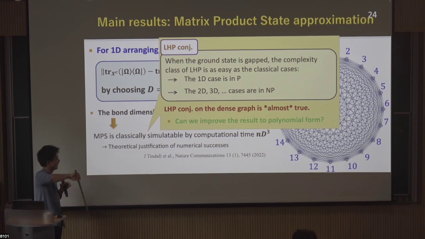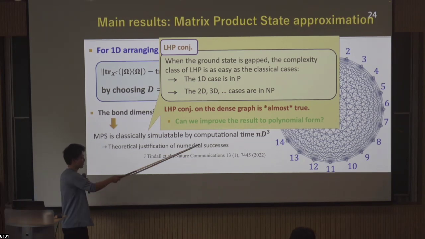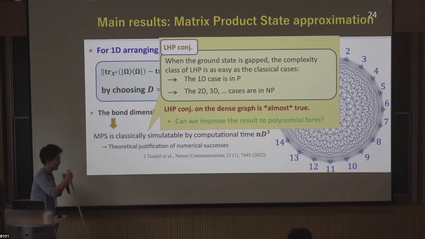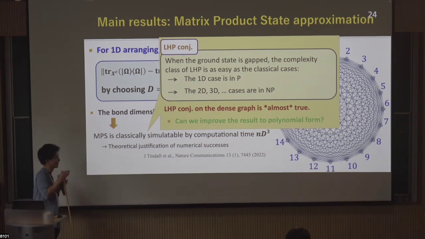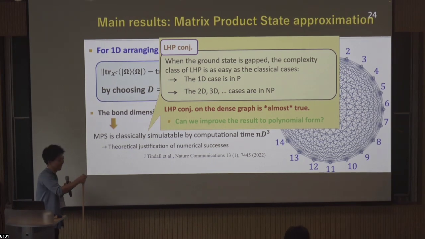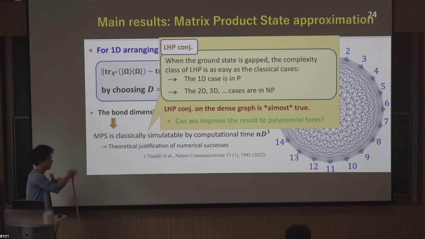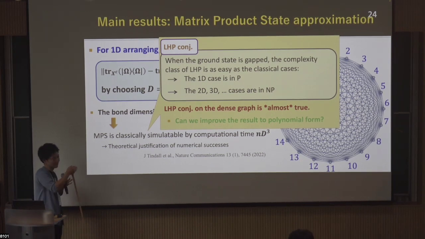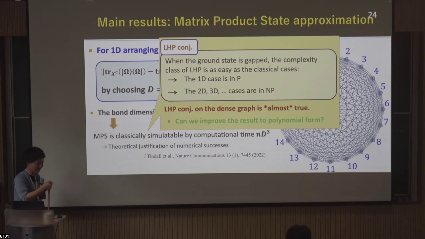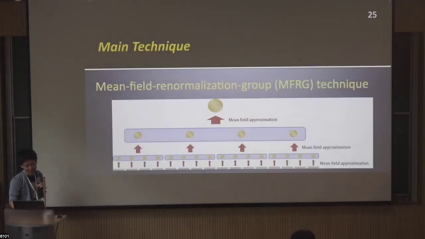But now the MPS bond dimension is quasi-polynomial, so to verify the MPS proof we require quasi-polynomial computational time. So in this sense, we cannot prove that the LHP conjecture is in NP on the gap dense graph.